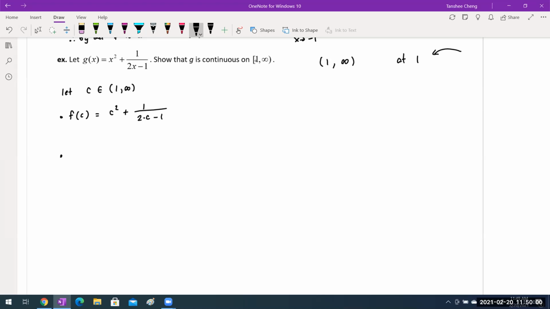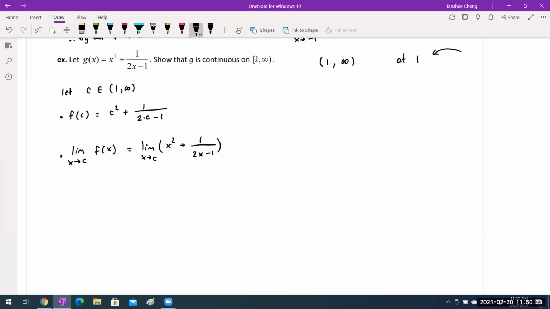Now I need to show my limit value. So the limit as x approaches C of the function. That is basically talking about the limit as x approaches C of x squared plus 1 over 2x minus 1.